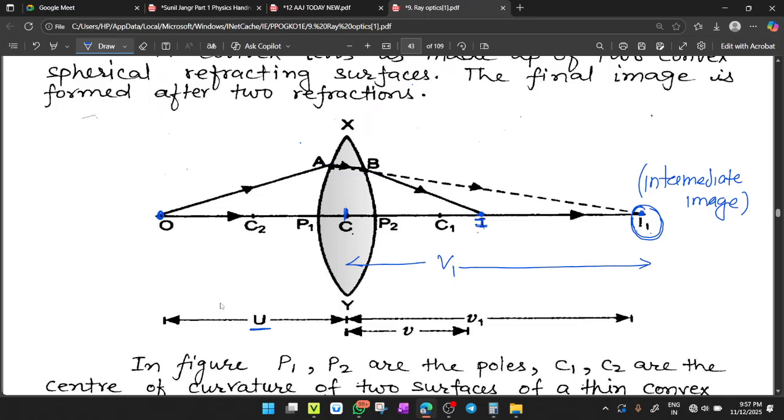The first refraction takes place from rarer to denser, and the second refraction from denser to rarer. Got it?